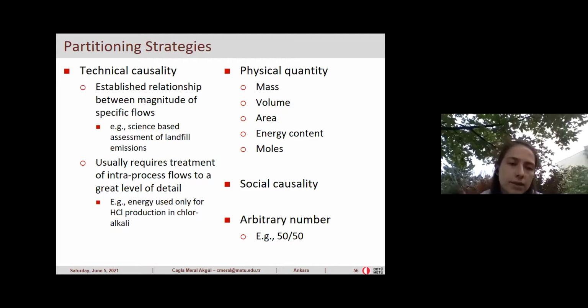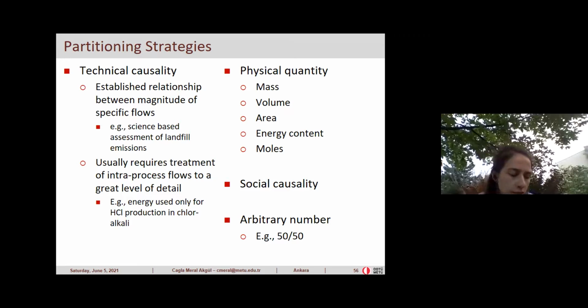Here, there are some technical causality. You have to establish relationship between magnitude of specific flows. So science-based assessment of landfill emissions, for example. And usually requires treatment of intra-process flows to a great level of detail. For example, energy used only for hydrochloric production in chloralkalies. Ya da physical quantity yapabilirsiniz. Yani ağırlıkça, mass, volume, area, energy content, moles.